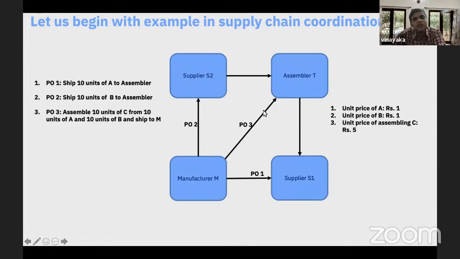And there will be another purchase order to T saying assemble 10 units of component C from the 10 units of A and 10 units of B, and then ship it back to the manufacturer.